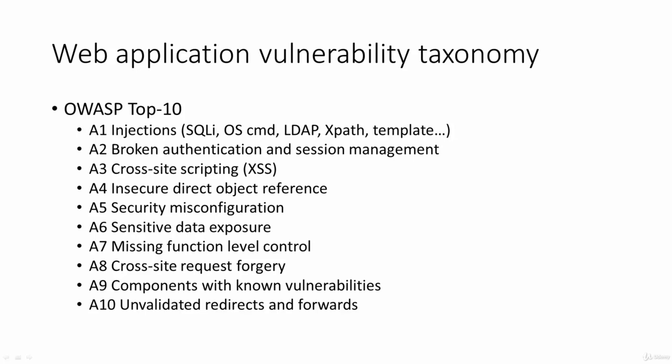Category number 9, components with known vulnerabilities. What it is, is just supply chain corruption, I would say. Okay, so a lot of reused code, a lot of frameworks. Frameworks are constantly hacked by different researchers that are trying to find more and more vulnerabilities in them.